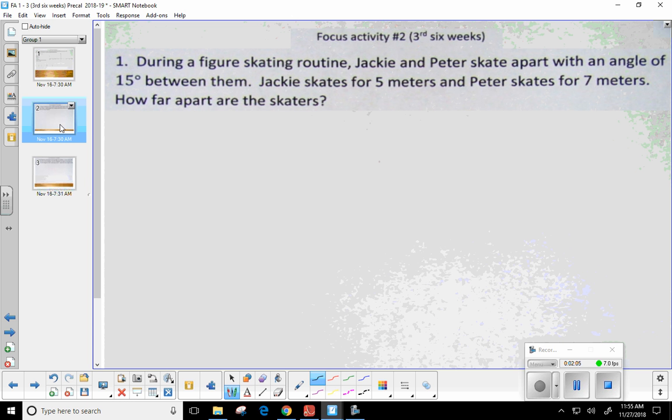We're back to our focus activities. What's that, sir? Do we have proof that the moon's real? I don't know. I mean, I know there's a society of flat earthers who believe that the earth is flat. You believe the earth is flat? Kudos to you. Yeah. So I don't know.